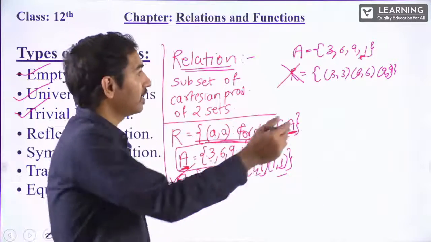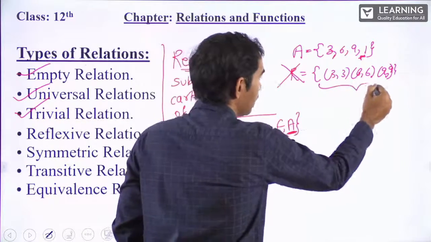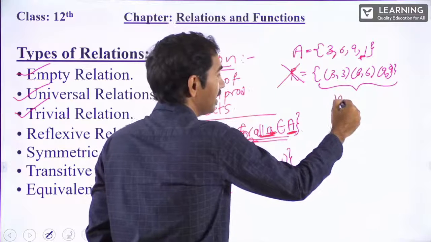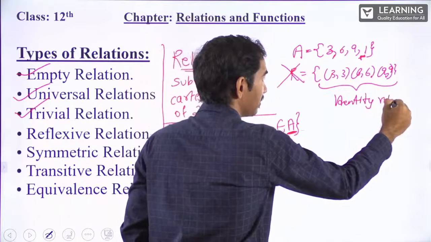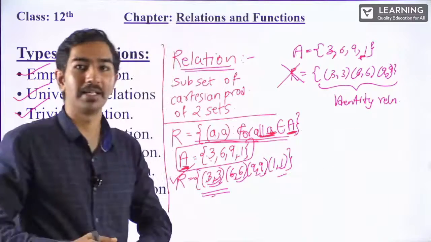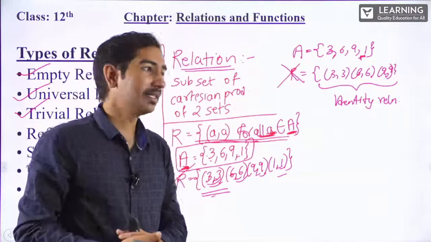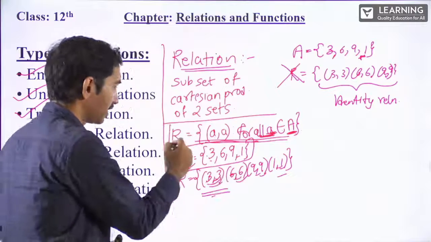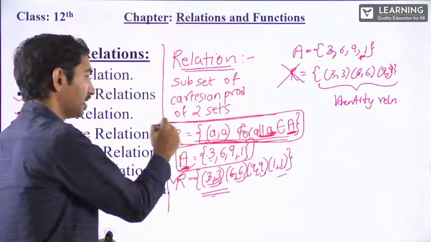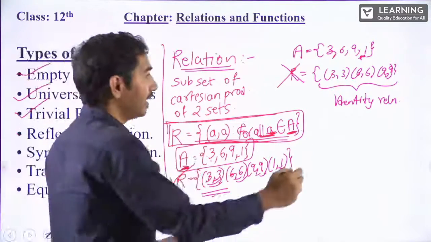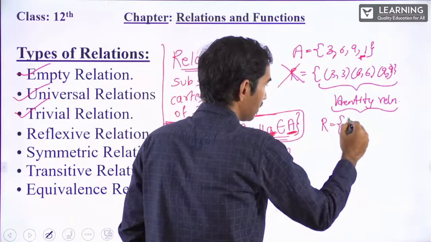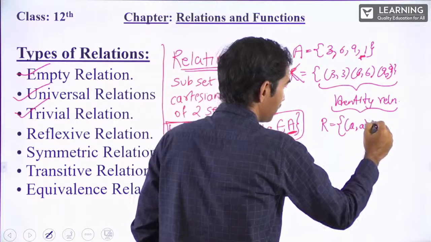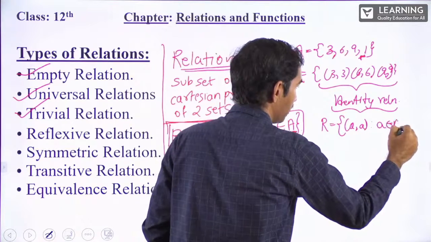Then what are these kinds of relations called? These are called identity relations. I have not mentioned that there, but make a note of this. So what is the meaning of identity relation? Reflexive relation is defined like this. Identity relation is defined as R equals {(a, a) such that a belongs to A}.